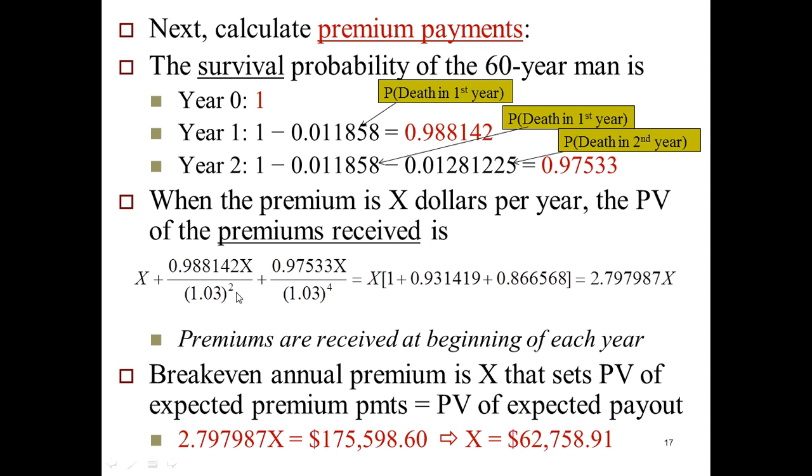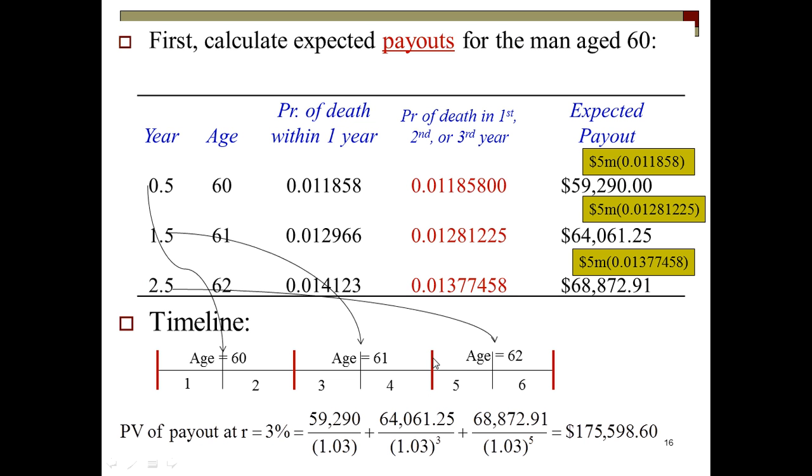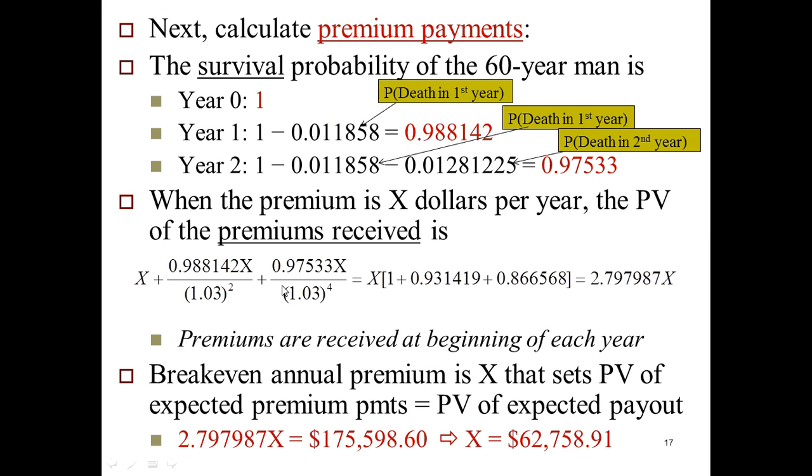Okay, so the second one would be discounted over 2 periods, and then this third one would be this premium to be received multiplied by the probability of receiving it to be discounted over 4 periods. Again, it's going to be received at this point. So from here to here is a period of 4 years, and that's why this discounting is over 4 years. So factoring this whole thing out, as you see here, this comes out to be this value right here times X. So premiums are received at the beginning of each year, as I noted.